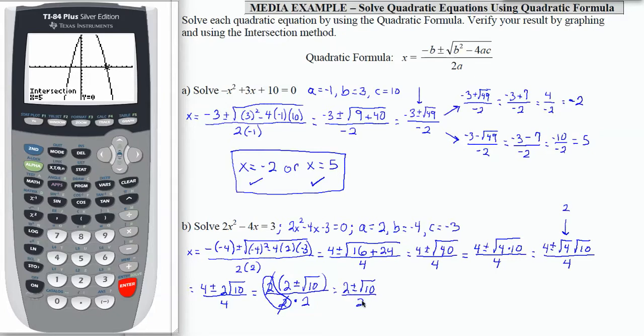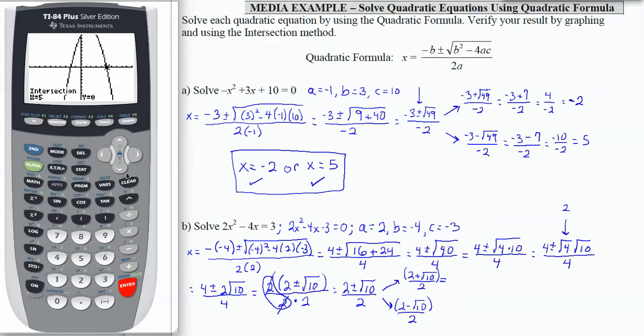Once again, I cannot cancel these 2's, for the same reason I could not cancel these 4's. I'm going to work with the two parts of my computation. I have 2 plus the square root of 10, divided by 2, and I have 2 minus the square root of 10, divided by 2. If I do those on my calculator, being very careful, you might want to consider putting parentheses around the numerator if you're going to use your calculator all at once, or compute the numerator and then divide by the denominator.